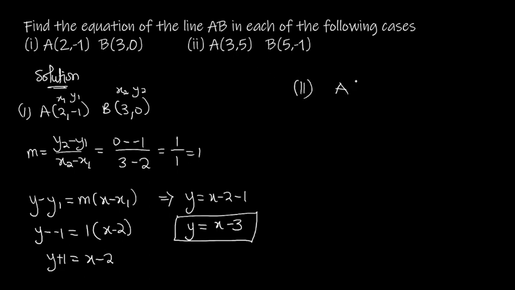I have A with the coordinates 3 and 5, B with the coordinates 5, negative 1. I label this x1, y1, x2, y2. As usual, because I'll be using this formula in finding the equation of the straight line, I need to calculate the gradient first.